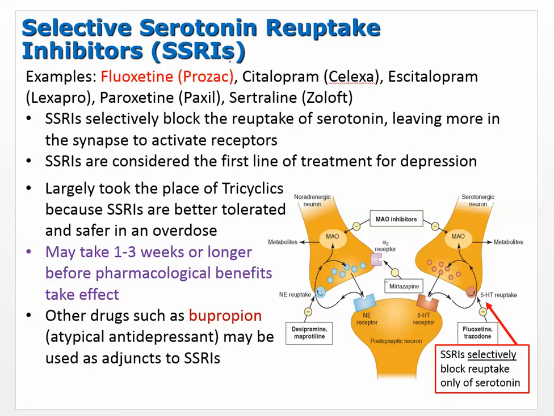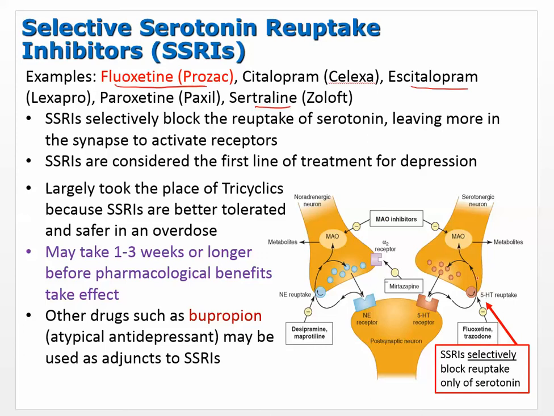All right, so SSRIs. We'll try to go through this quickly. Fluoxetine is the prototype. I think we already talked about escitalopram, or sertraline. Fluoxetine is the prototype drug for SSRIs, which is Prozac. And then there are these others that are listed here. It's kind of in the name, selective serotonin reuptake inhibitors.